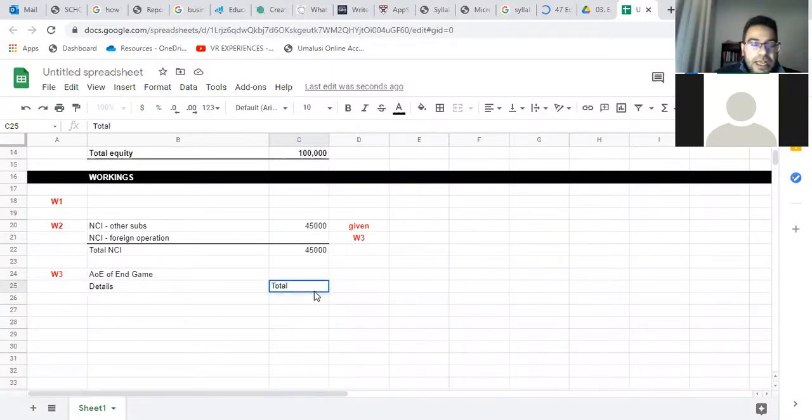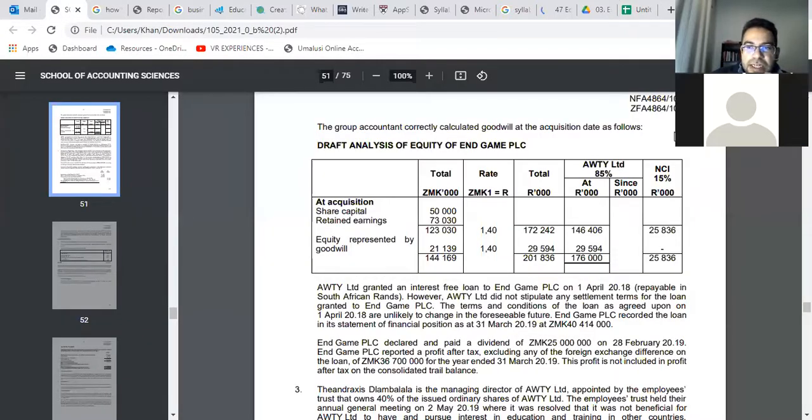Total means 100%, but of what? Total, I will call it foreign currency. Just say total ZMK, that's foreign currency. Then we're going to have rate, and this is going to give us total ZAR. Now we're going to have to split it between the parent and NCI.